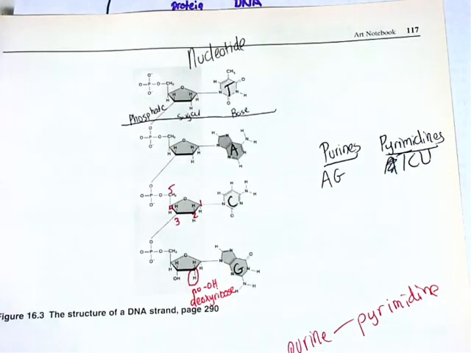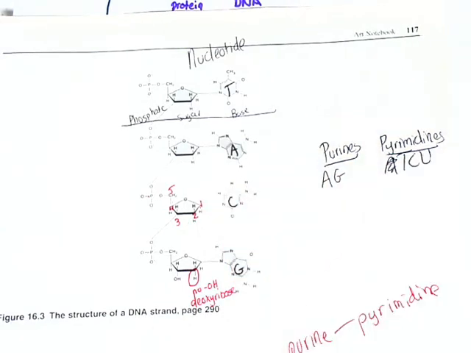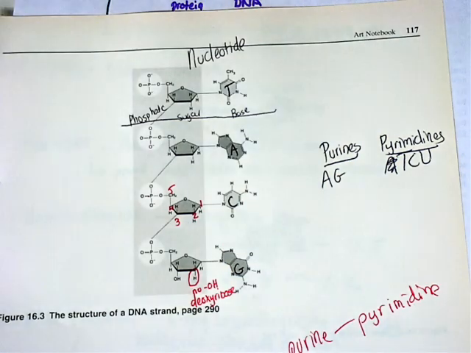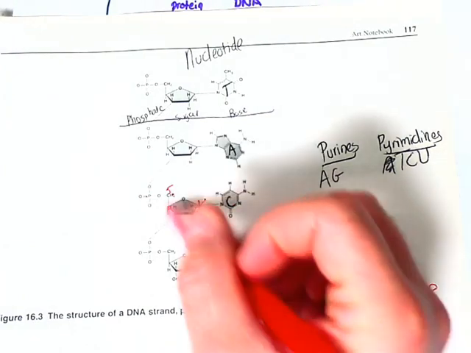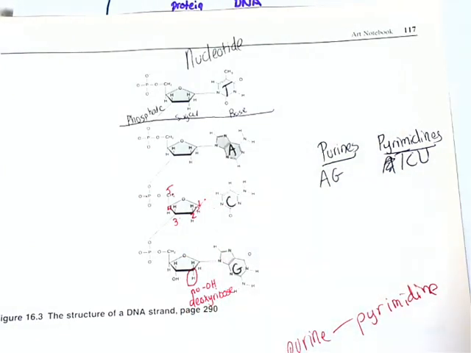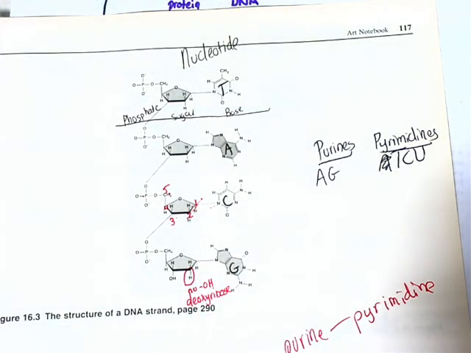That means that the phosphate group is connected to carbon 5, whereas the base is connected to carbon 1. Good? We got this? So carbon 1, the base, carbon 5, the phosphate. Number your carbons 1 through 5. If it's deoxyribonucleic acid, DNA, no hydroxyl on position 2.